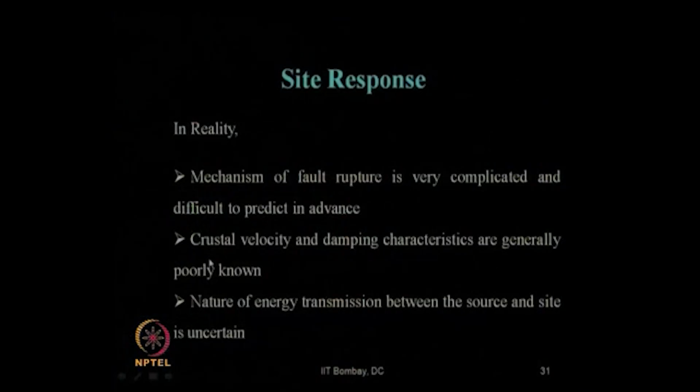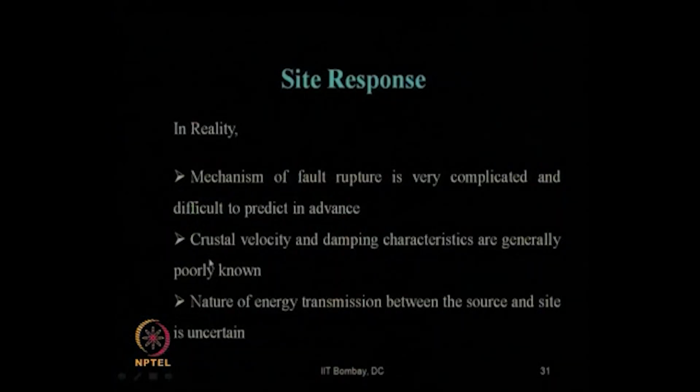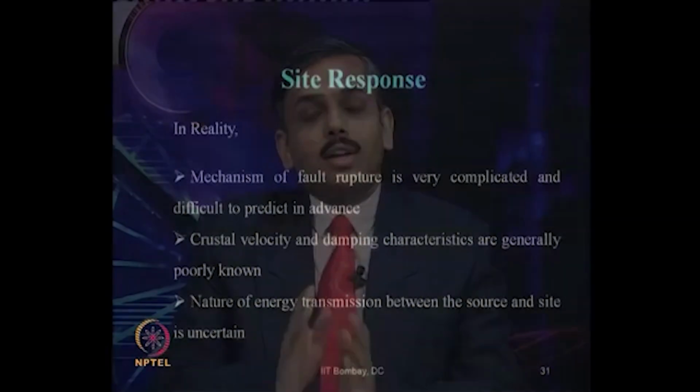So, those typical values may differ obviously from case to case, site to site, or crustal movement to crustal movement, and also the velocity of these seismic waves. Already we have seen the typical velocities of body waves like P wave and S wave in the crust. We have seen there is a typical range given, right. For P wave we have mentioned it is 6 kilometer per second, but the range is 5 to 7 kilometer per second.